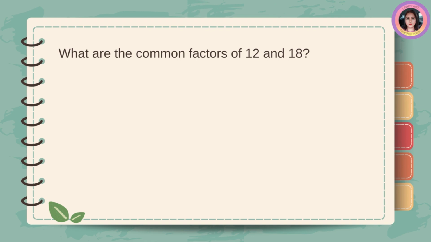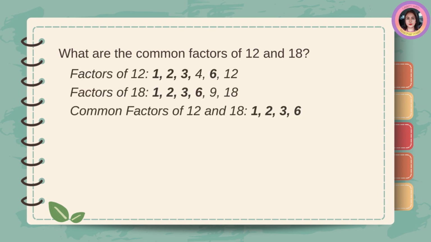What are the common factors of 12 and 18? Factors of 12: 1, 2, 3, 4, 6, and 12. Factors of 18: 1, 2, 3, 6, 9, and 18. Common factors of 12 and 18: 1, 2, 3, and 6.